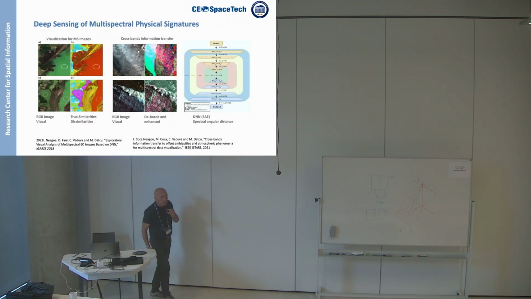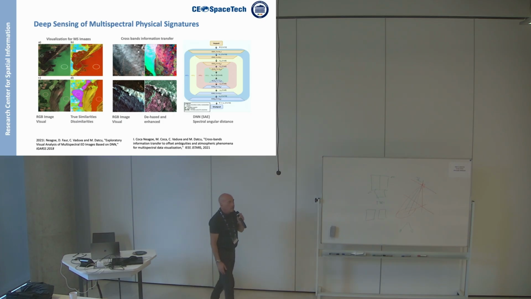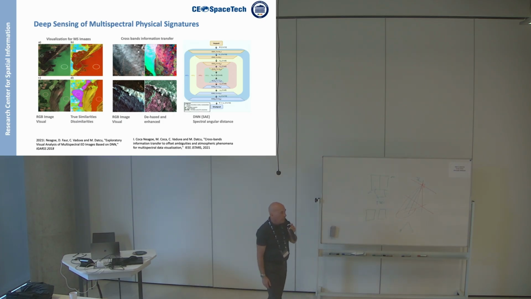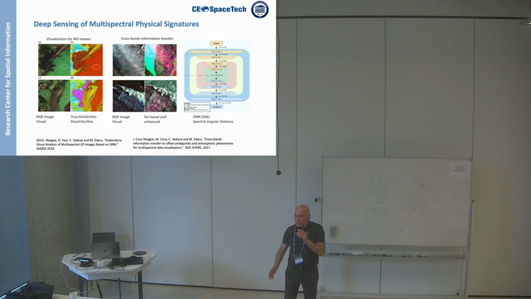An example of a physics-aware algorithm for optical data. We have the previous example with ambiguity between visual perception and classification, and the full 13 bands of Sentinel-2 for processing, for analyzing.